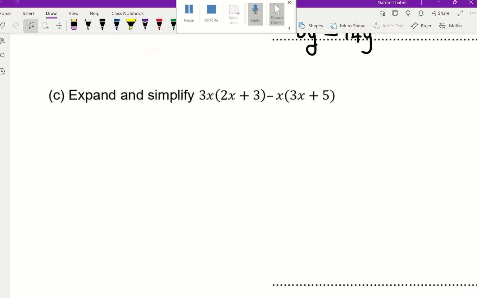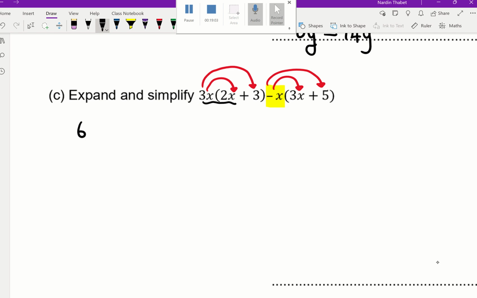And then the last question. I've got to multiply each bracket separately. This is a minus x, which means minus 1x. So I've got 6x squared plus 9x. 2 times 3 is 6, x times x is x squared. 3 times 3 is 9, and it's 3x times 3, 9x.